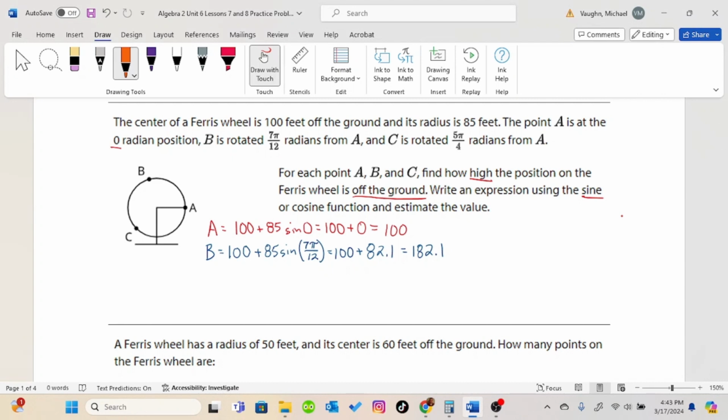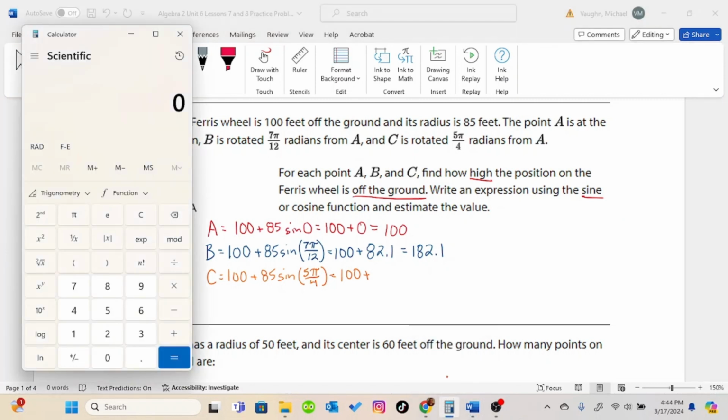And finally, point C. We start with the 100 feet to the center of the circle, plus 85, which is the radius, times sine of 5 pi over 4. Now, in a calculator, we can do parentheses 5 times pi divided by 4, close parentheses, and now we want the sine of that.